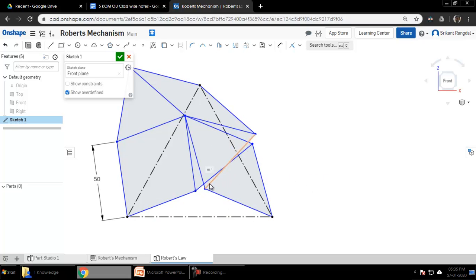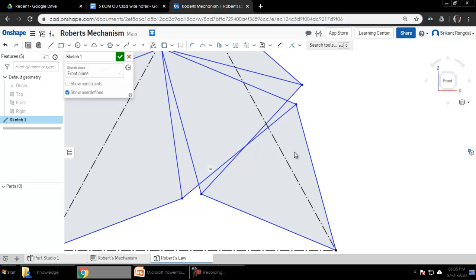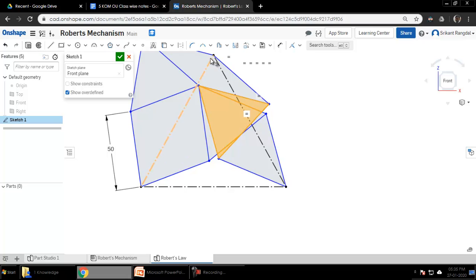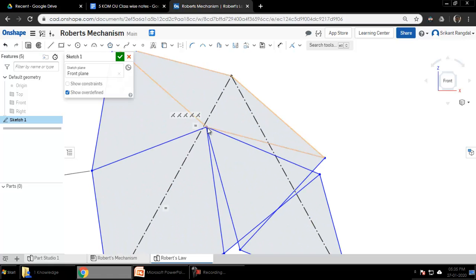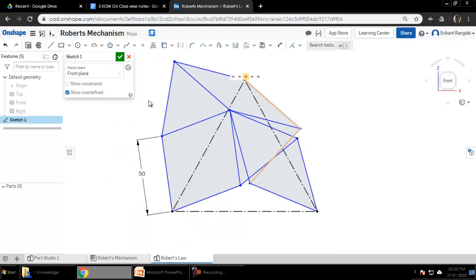The other coupler over here is very difficult to select. This coupler is found by these 2 points. So the 3 triangles are here and have coincided at this point over here, and all the lengths are the same, the 50 length.